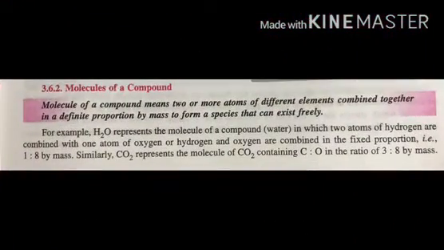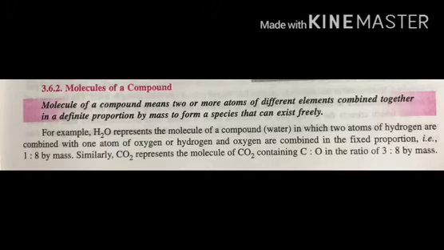Now the molecule of a compound. A molecule of a compound means two or more atoms of different elements combined together in a definite or fixed proportion by mass to form a species that can exist freely.